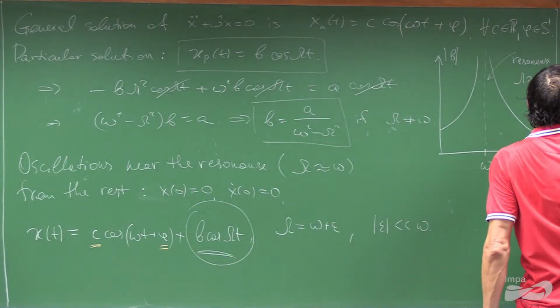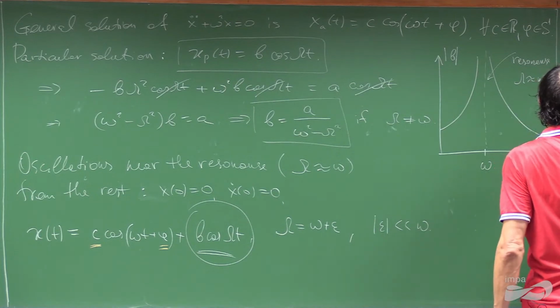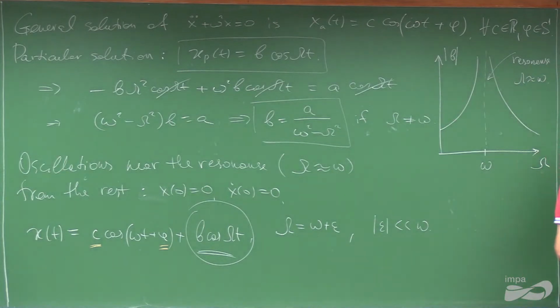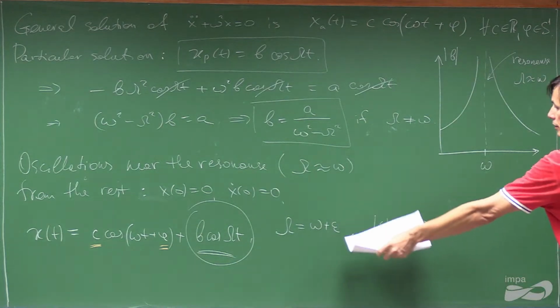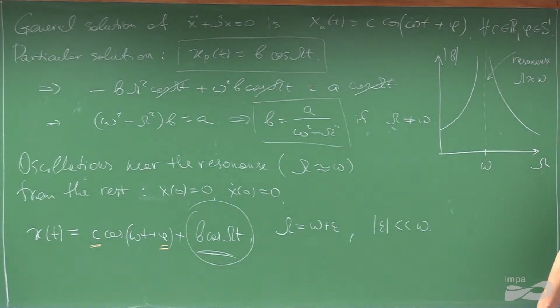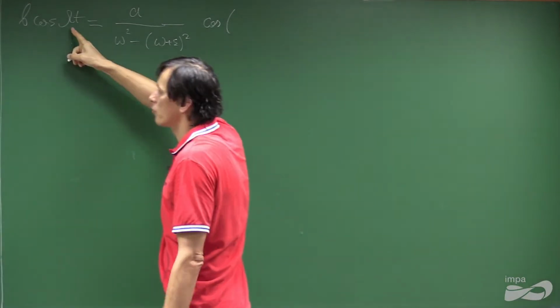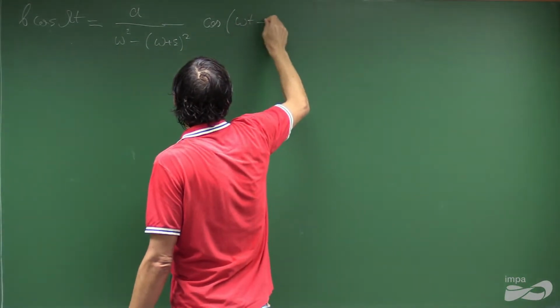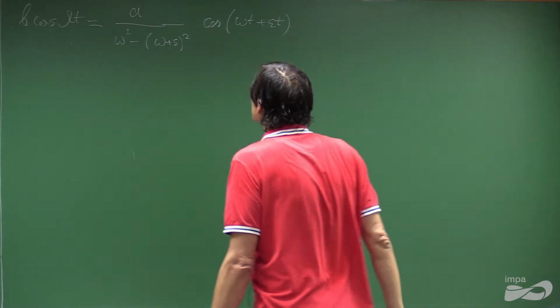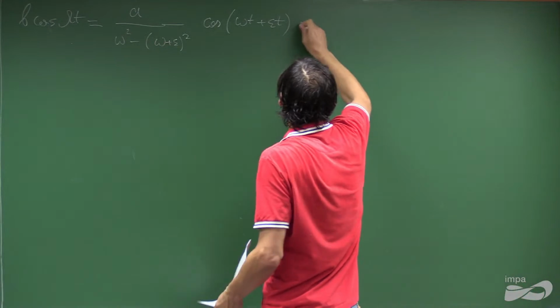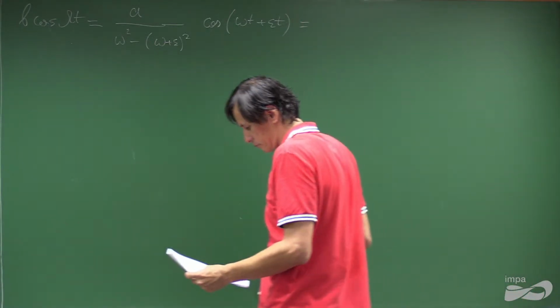So b cosine omega t. And let's put, so b is this, right? Omega squared minus large omega, and large omega is small omega plus epsilon, squared. And then we have cosine, and that will be omega t plus epsilon t. Okay, so you open the denominator, a long expression.